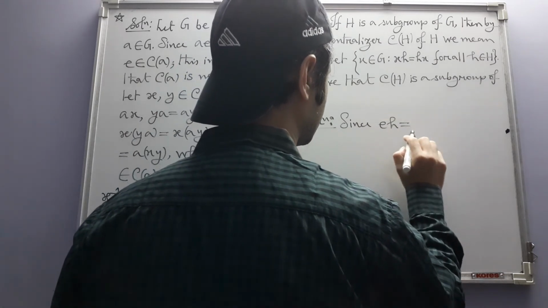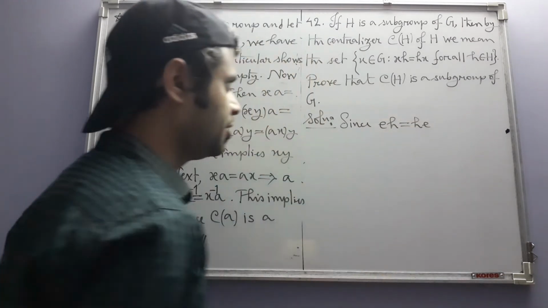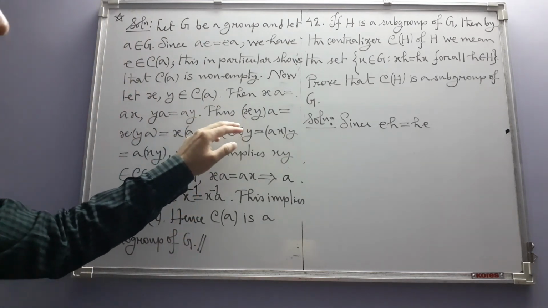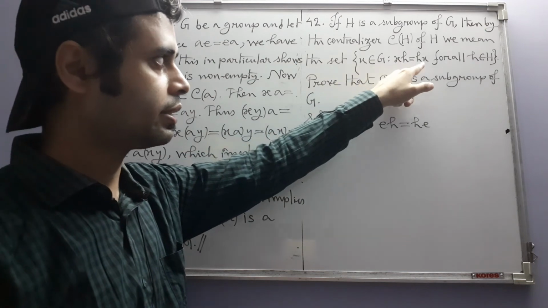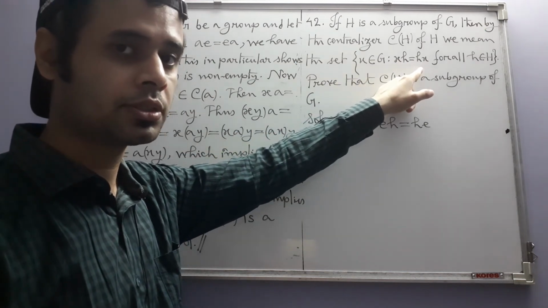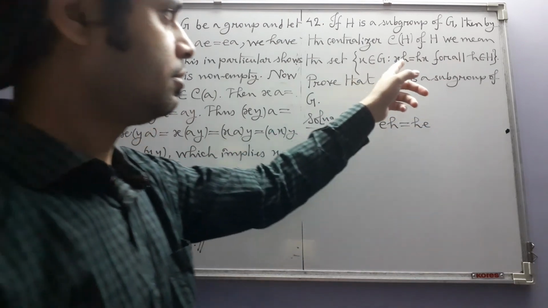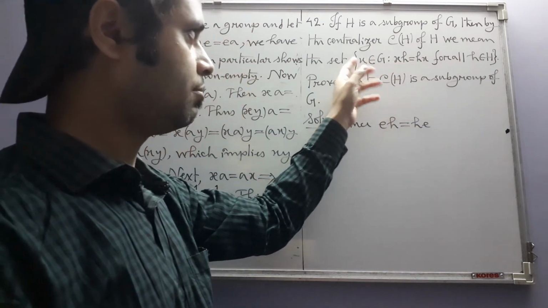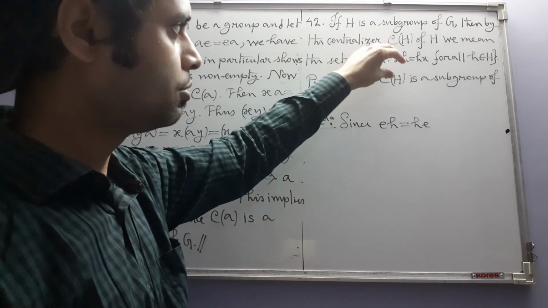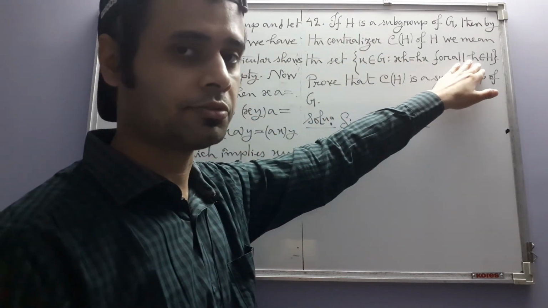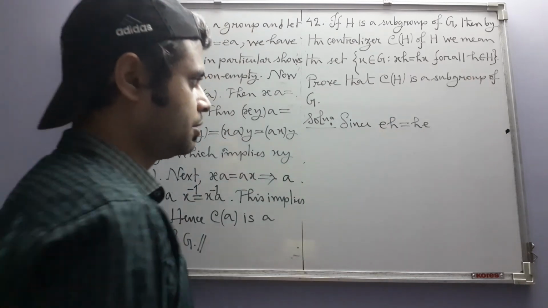Since EH equal to HE, keep in mind that unlike the centralizer of a single element, now the condition that is to be satisfied is more stringent. It requires more. We want the element that we are going to put in the centralizer to commute with all the elements of H. Okay, so that must be true.